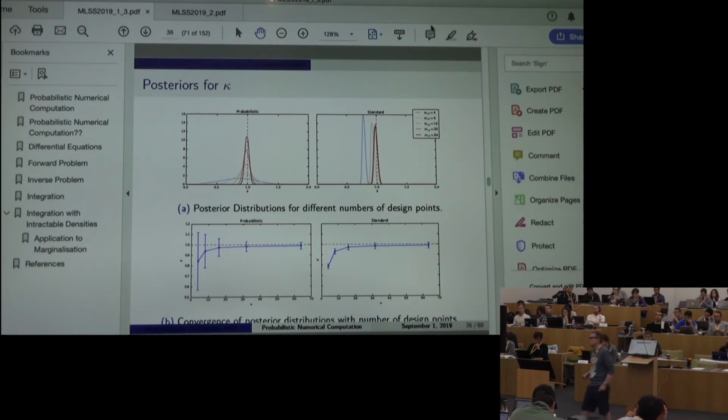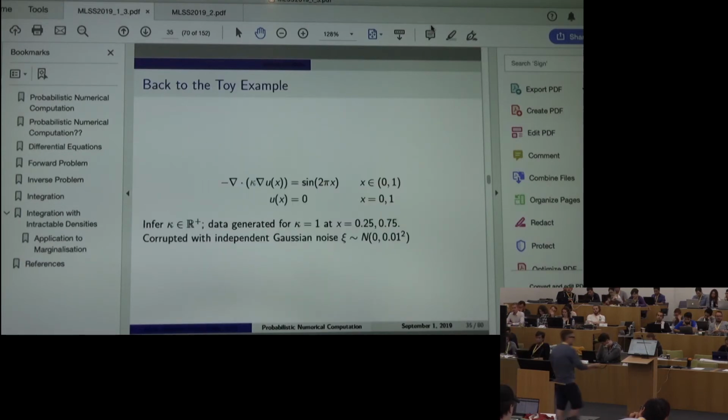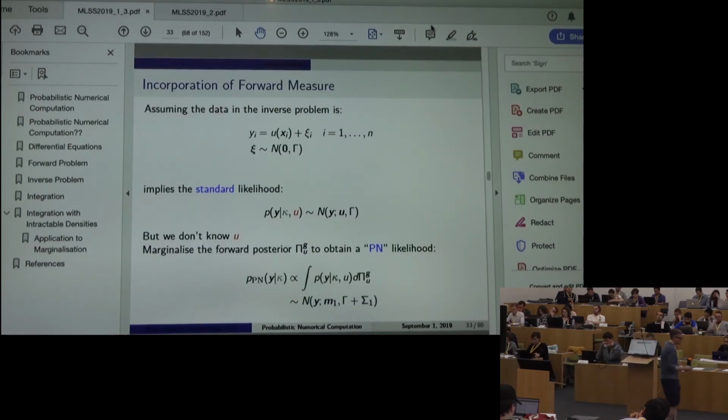Yes? From the data. So in the standard case, the noise is coming from the error associated with the data.